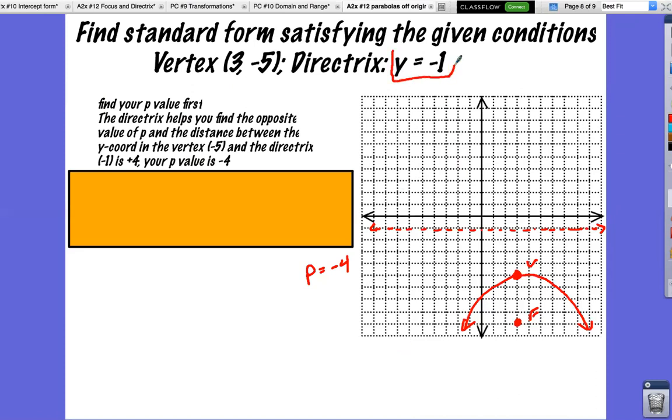Because your directrix is y equals, it has to be y equals 1/4p, which makes it -1/16. I know the vertex. That's it, just plug and chug. Does that make any sense? Does anybody have any questions?